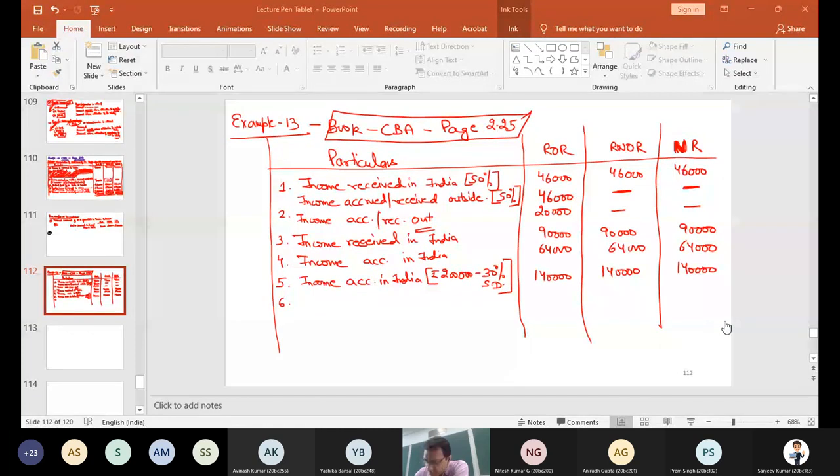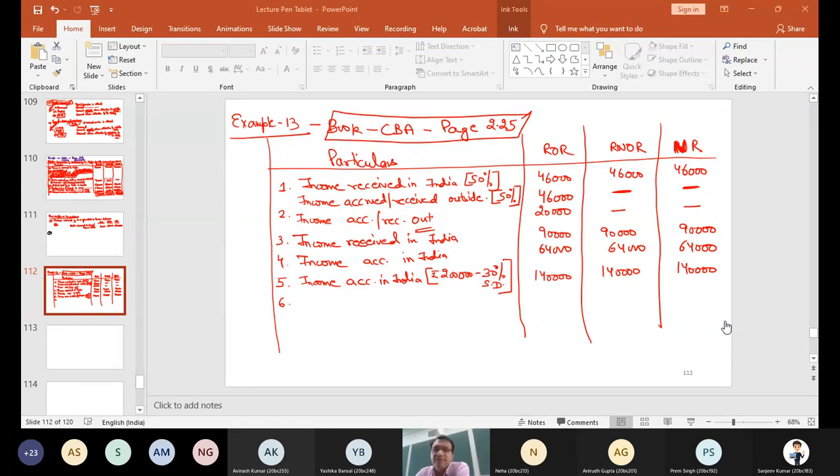Yes, sir. Sir, it is income accrued and received outside India, and it is taxable for ROR as well as RNOR. No, no, wait. What you are saying is income which is accrued and received outside India. Yes, sir. So this is correct. Now after this, what have you checked?